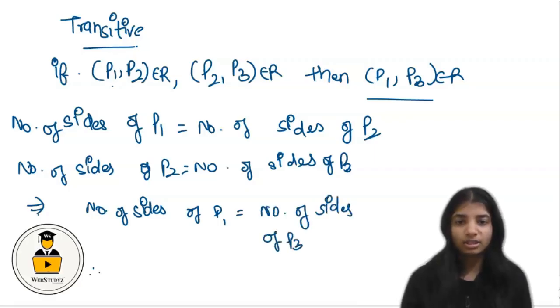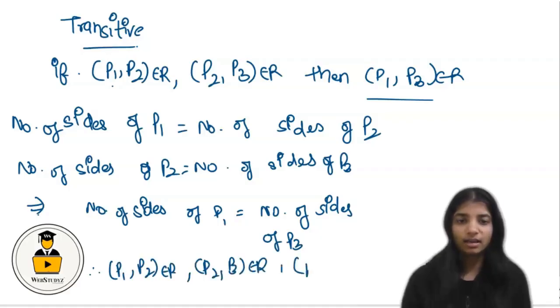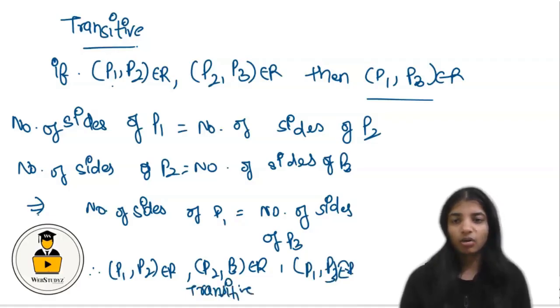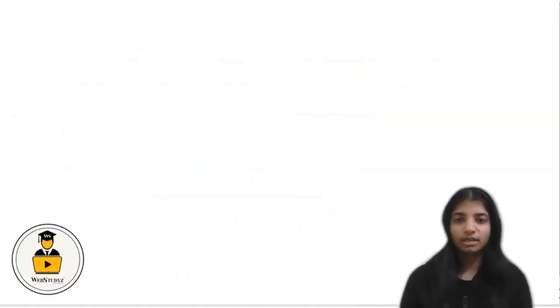So all the conditions are satisfied here: (P1, P2) belongs to R, (P2, P3) belongs to R, then (P1, P3) belongs to R. So this is a transitive relation and all the conditions of equivalence are satisfied. So we can say that this is an equivalence relation.